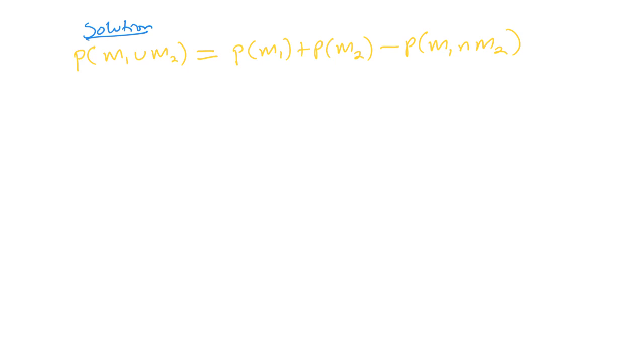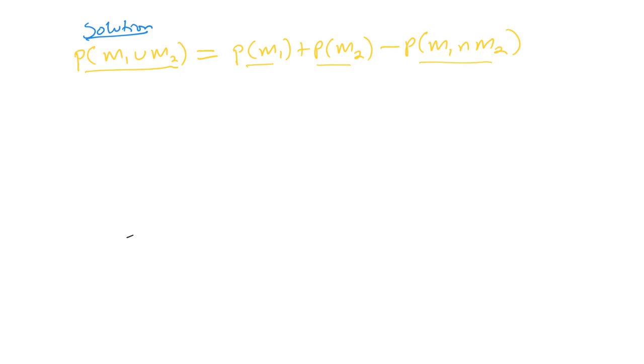We know that this is going to be 1 because all the students take at least one of M1, M2, or both. So that is 1, but we don't have the probability of M1, we don't have the probability of M2, and we are looking for the intersection. Now that should not worry you so much. There is a reason why they are giving us this information.